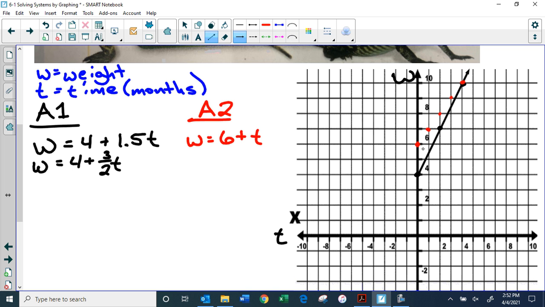So let me go ahead and make this line. So this is where they cross, which is a weight of 10 pounds. So they both weigh 10 pounds. And the time is at 4 months.